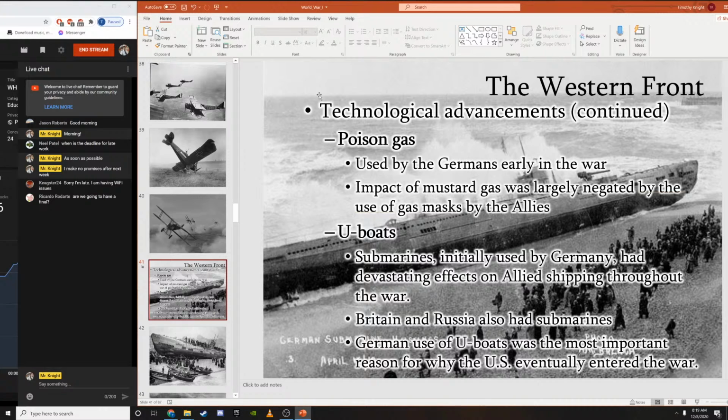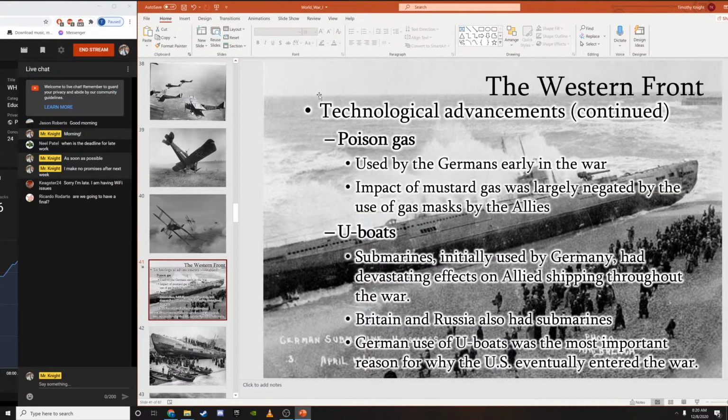And the German use of U-boats was the most important reason for why the United States eventually got involved in the war, because the German U-boats had disrupted shipping on the Atlantic that the Americans relied on. And also there was a passenger liner called the Lusitania, which had been carrying a number of American passengers, that got sunk.